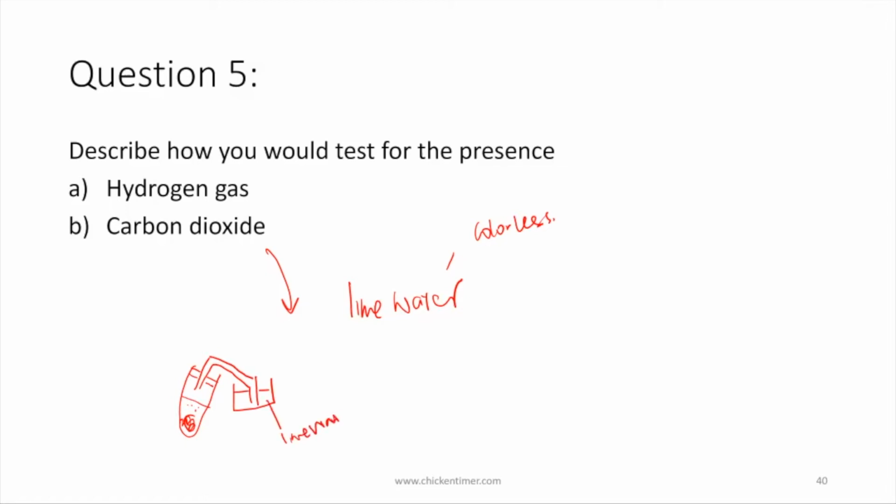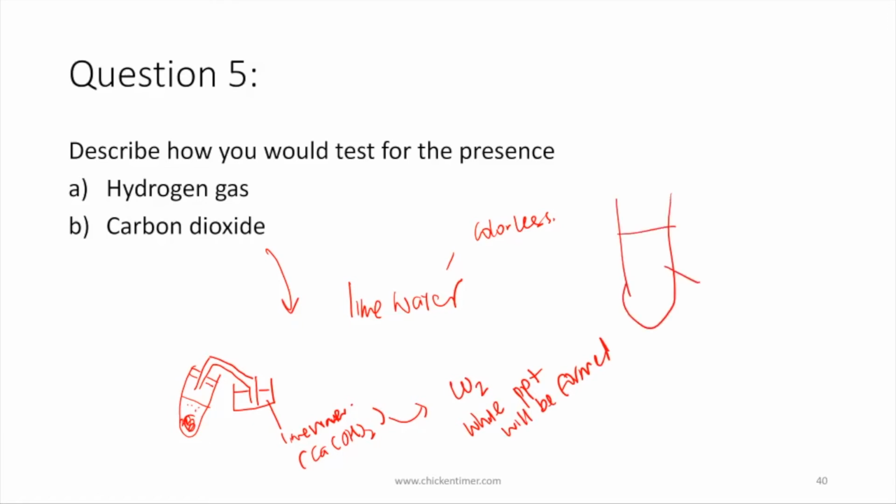Sorry, bad drawing. Okay, lime water is calcium hydroxide. Then you bubble the gas through lime water. If carbon dioxide is present, then a white precipitate will be formed. Meaning the colorless solution of lime water, you will see white stuff inside.